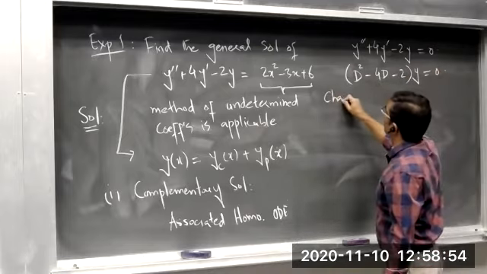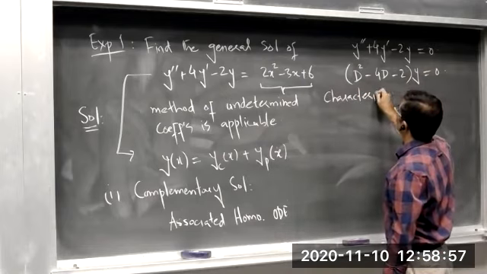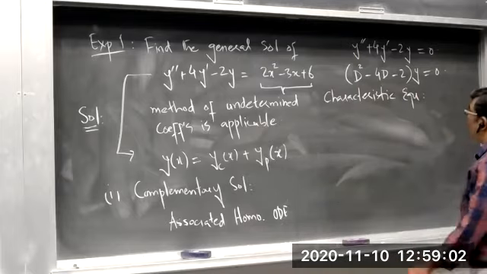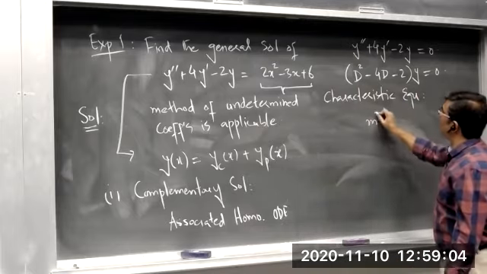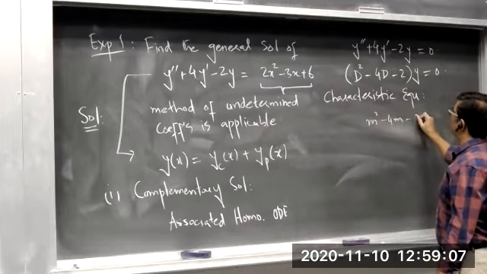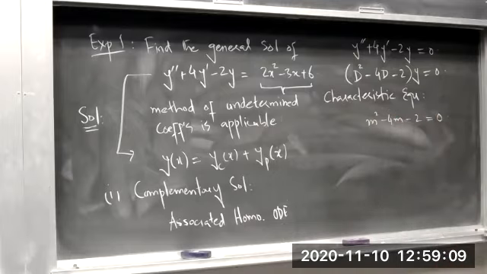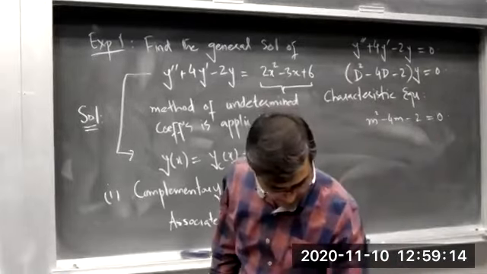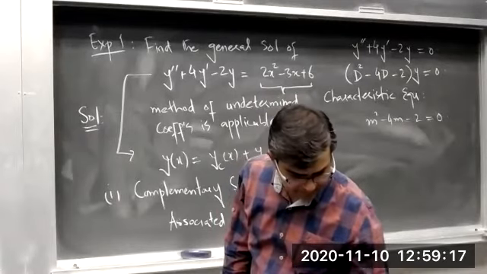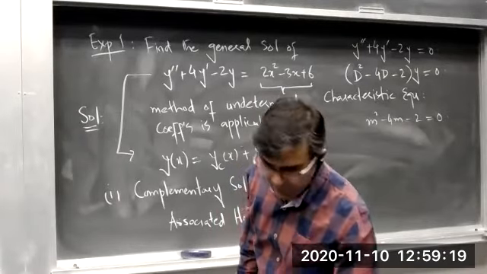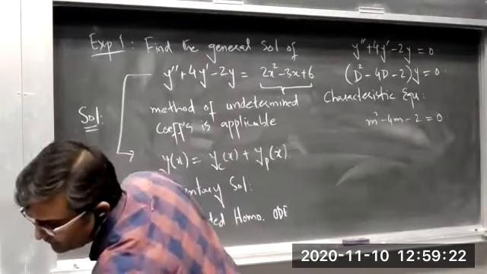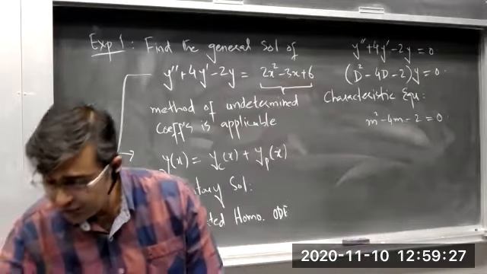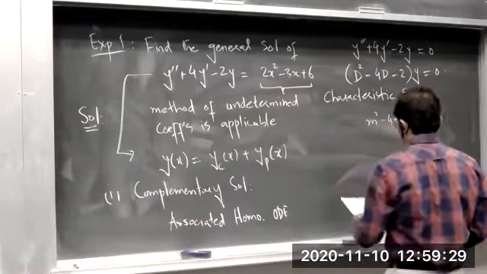And the characteristic equation is m squared plus 4m minus 2 equal to 0. Now, I hope you can find the roots of this equation, and you can easily find the complementary function.